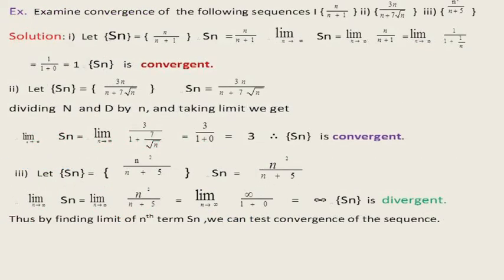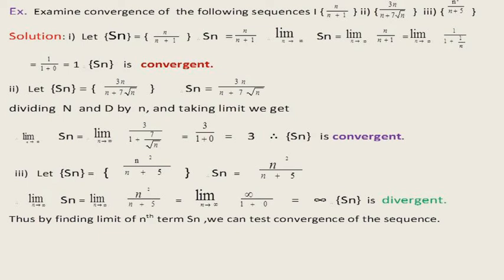So let us see some examples. Examine convergence of the following sequences, and these are three sequences. Let us see the first sequence, S_n is equal to n upon n plus 1. So the nth term of this sequence is n upon n plus 1, and we have to find the limit of this sequence.